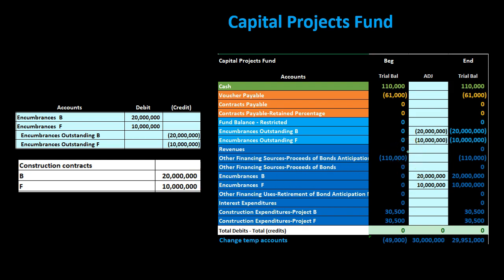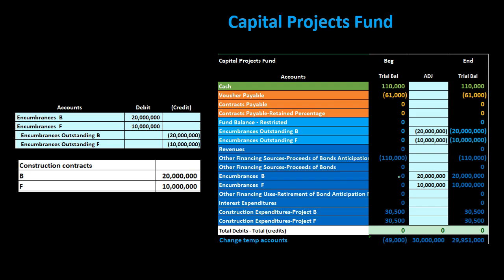Again, I would think of these as clearing accounts. So they're not really temporary accounts in the same way that all the rest of the blue accounts typically will be, or normal income statement accounts will be, in that they close out to the equity section, or in this case to the fund balance section. But they're going to close out when the expenditure has taken place. So when we're able to record the expenditures under the modified accrual basis, we'll reverse the encumbrances.